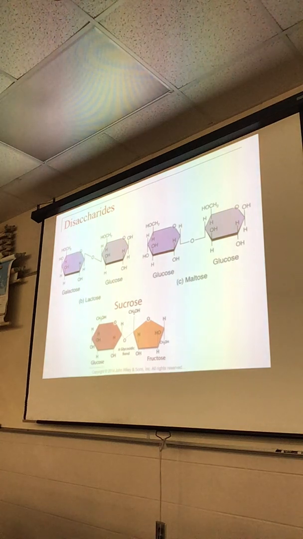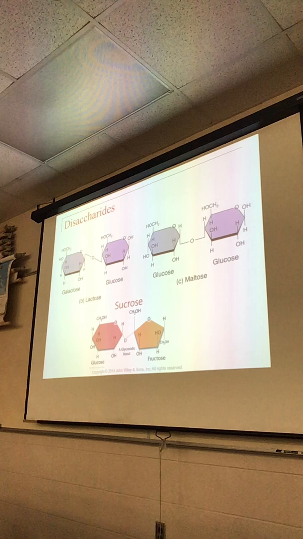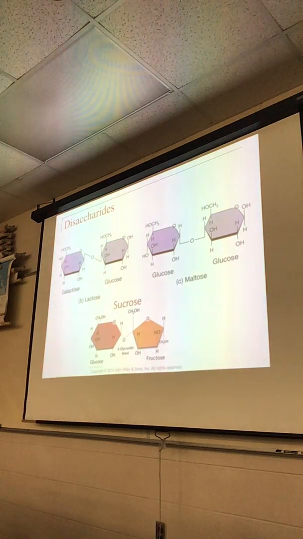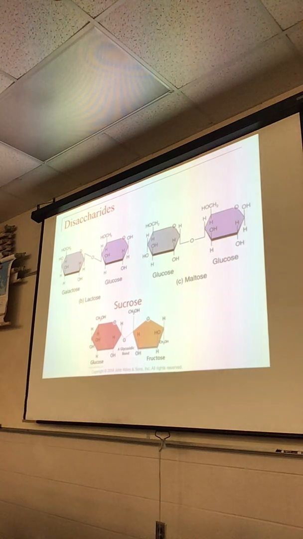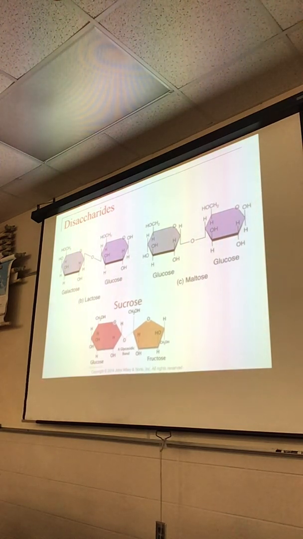The molecular formula for sucrose is C12H22O11. So we would believe it to be C12H24O12, right? But it's C12H22O11. What's missing here? 2 H's and an oxygen, which is what? Water.